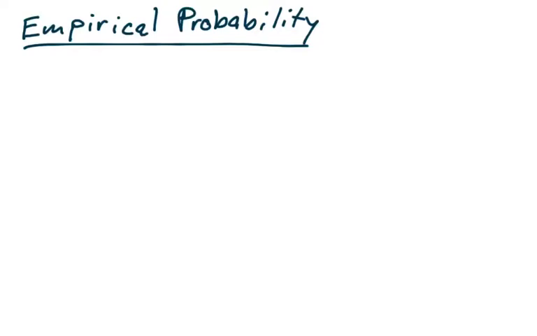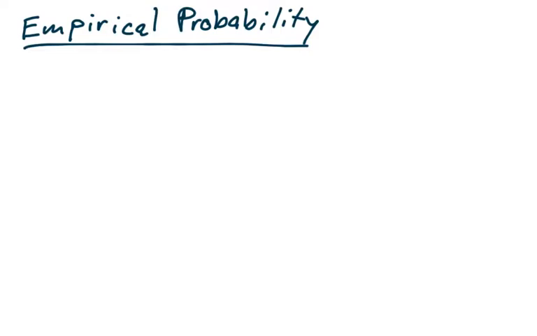Now, we've been talking about nothing but traditional probability theory, and now we're going to move on to empirical probability. The key difference between traditional probability and empirical probability is, in the traditional sense, we say, okay, there's so many possible outcomes, we'll just count them all up, and whatever would satisfy our event, we'll just take those total number of outcomes, divide by the total number within our sample space, and there you go, right?